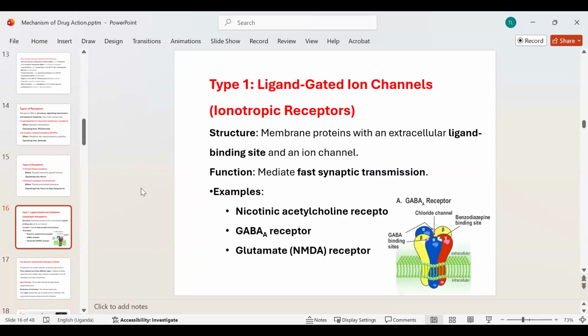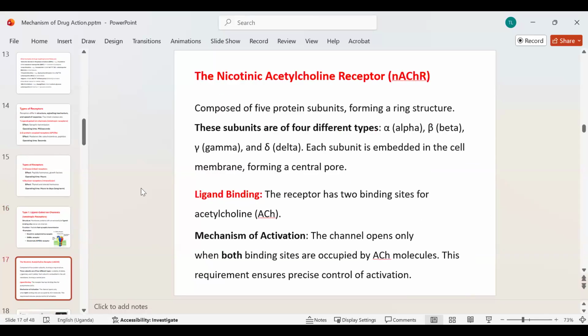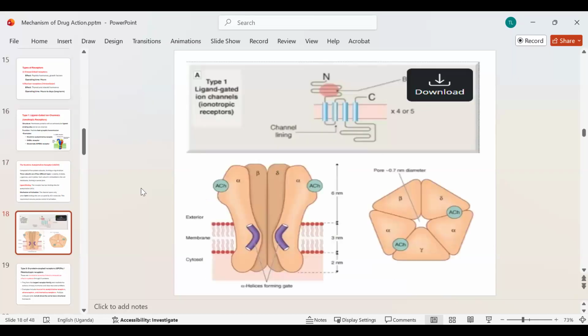We don't need a lot of examples, but as long as you can easily understand one and explain it very well, whether GABA, nicotinic, or glutamate, that would be good enough for me. It is all understanding that we need to get here. We need to get the principles.